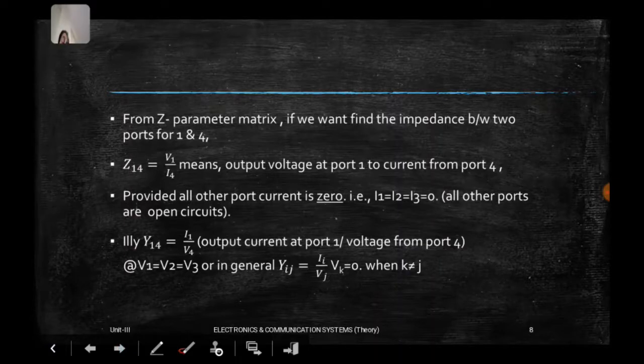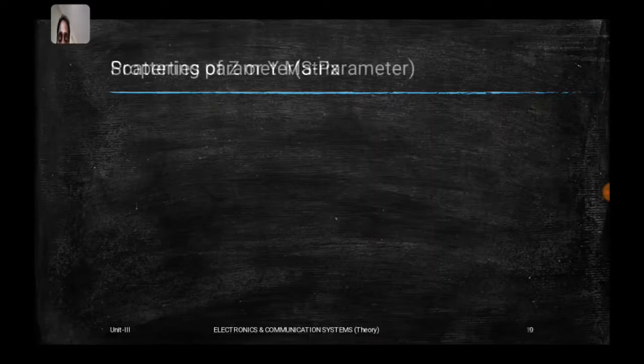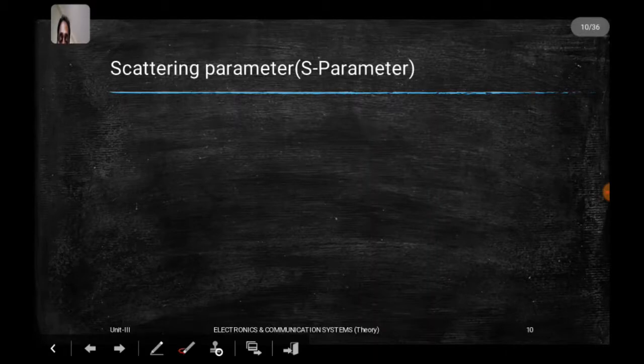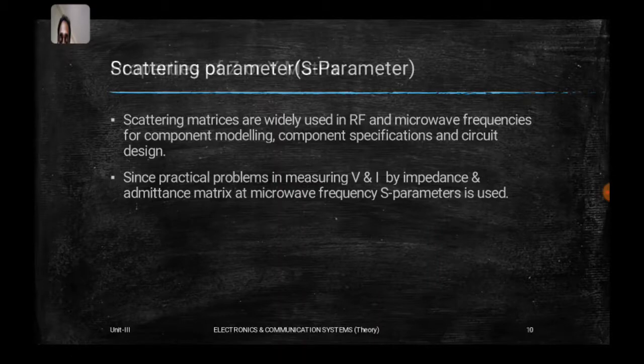Once we know Z and Y, then we can go to the S parameters, and the properties we have already seen. As I mentioned before, to go to the scattering parameters, I'll just revise it.